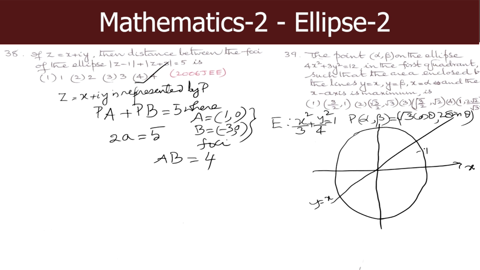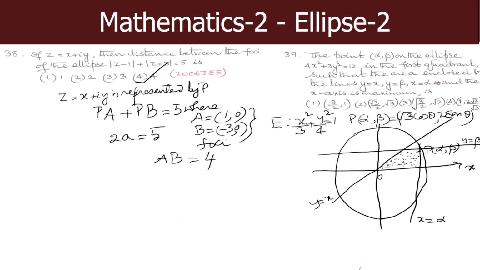Here is the point P (alpha, beta), enclosed by the lines y equal to x, y equal to beta, the horizontal line passing through P, then x equal to alpha, the vertical straight line passing through P, and the x axis. Well, this is the area, dotted lines required.